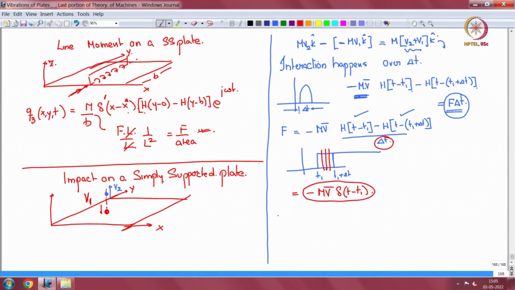Okay. So I have q3(x, y, t) is minus mv bar delta(t minus t1), and let us say the impact is over a point, all hypothetical situations, delta(x minus x star) delta(y minus y star).